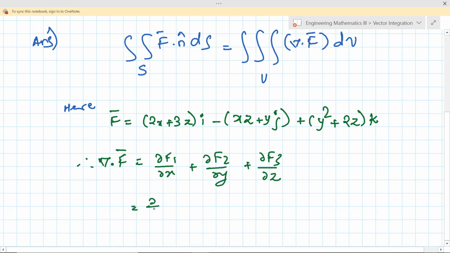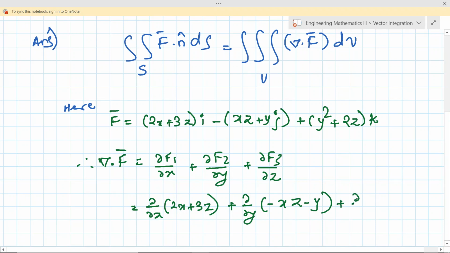So this is del by del x of 2x plus 3z, plus del by del y of f2, which is minus xz minus y, because the minus is there, plus del by del z of y square plus 2z.